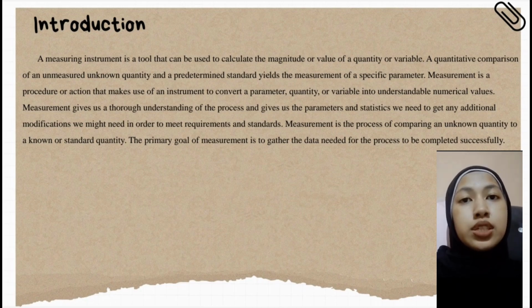Measurement is a procedure or action that makes use of an instrument to convert a parameter, quantity, or variable into understandable numerical values.